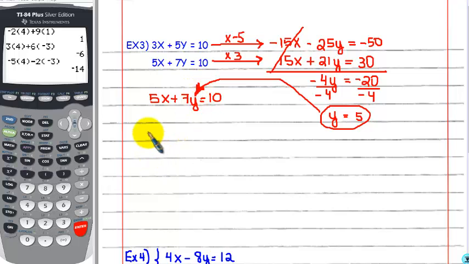Alright, so basically this would be 5x plus 7 times 5 equals 10. And this would be 35.